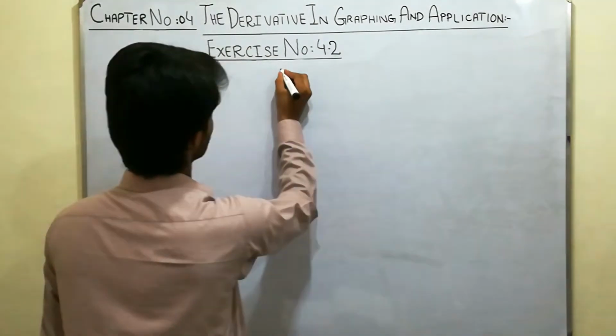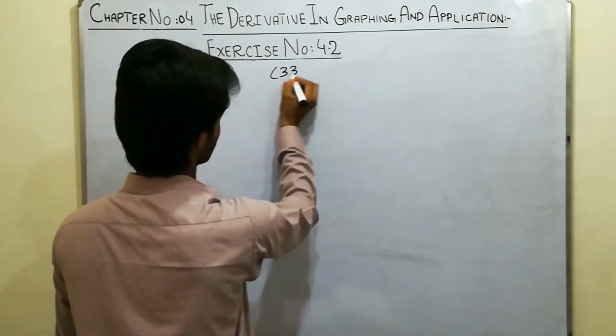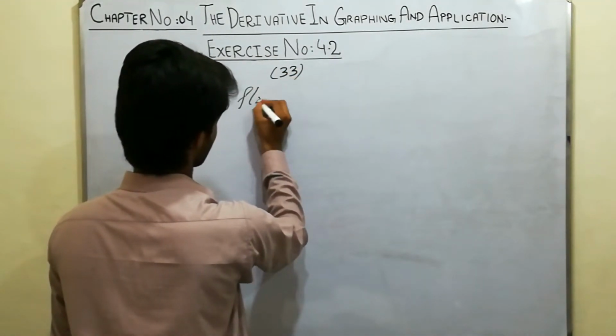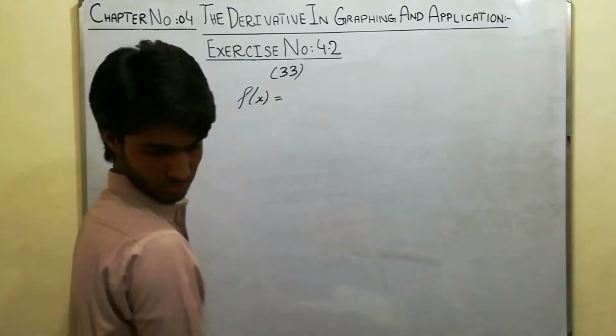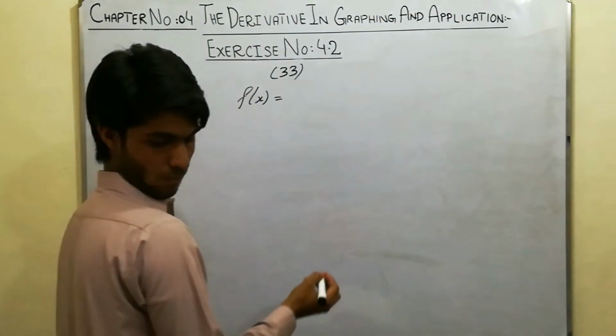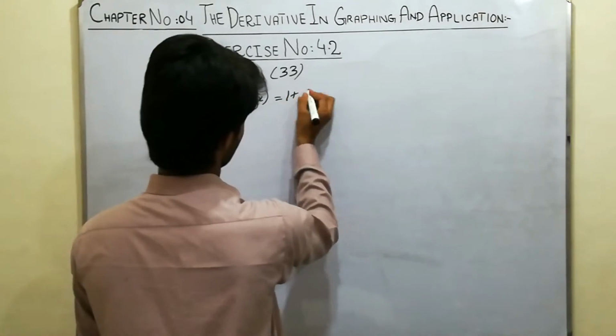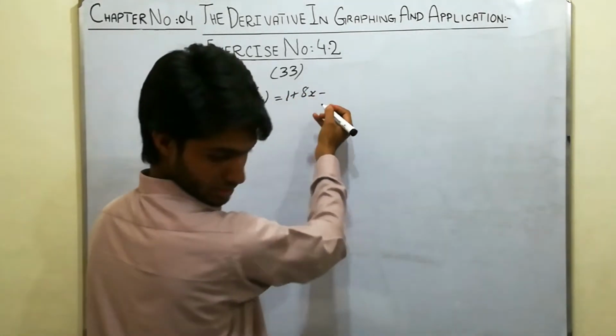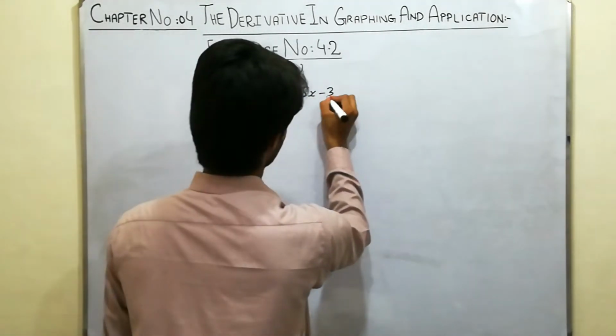Now if we go for the second derivative test, let us take question number 33. f of x is equal to 1 plus 8x minus 3x squared.